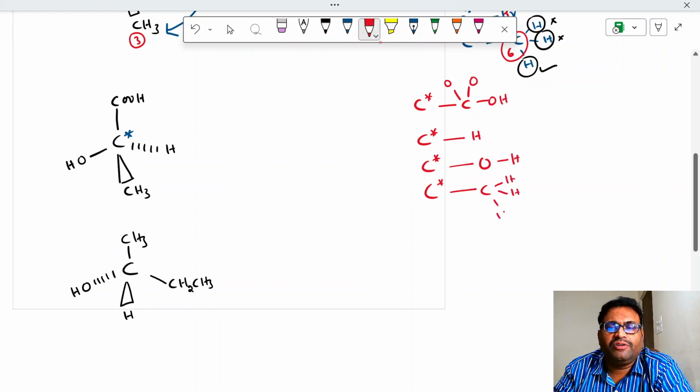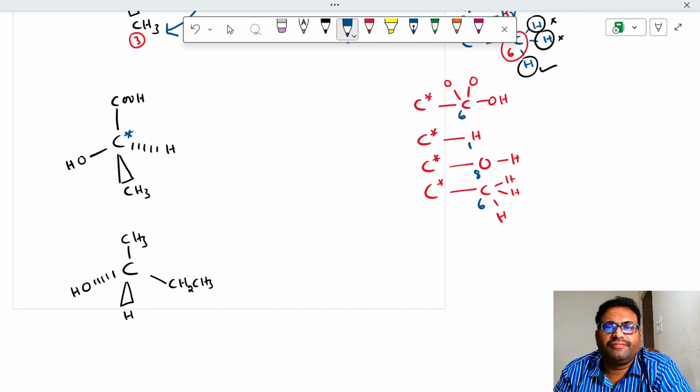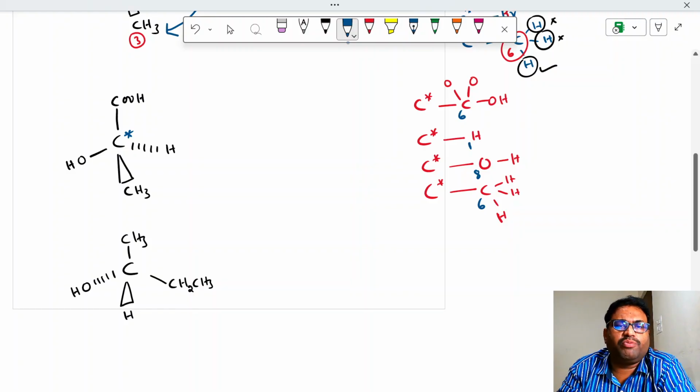Okay. Let us see the first attached atoms. The first attached atoms have atomic numbers here 6, here 1, here 8, here 6. Now which has the high atomic number? The directly attached atom of OH. OH has the highest atomic number, so priority number 1 is given to OH, and the least atomic number, hydrogen, gets least priority 4.